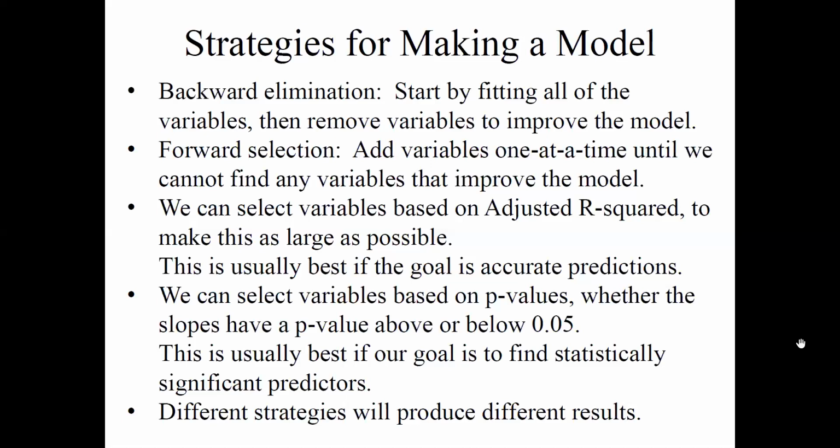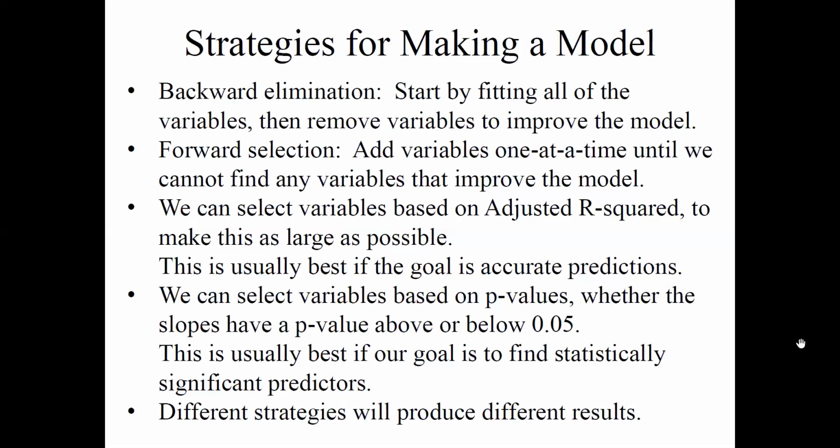For the criteria for choosing whether to include or not include a variable, there are two different things we can do. We can base this on the adjusted R squared, where we want to make the adjusted R squared as large as possible. Usually, if our goal is to make accurate predictions, to predict things as correctly as possible, then we work with adjusted R squared.